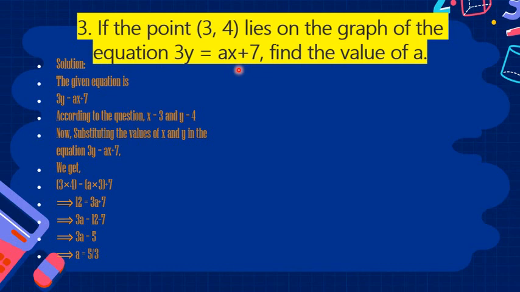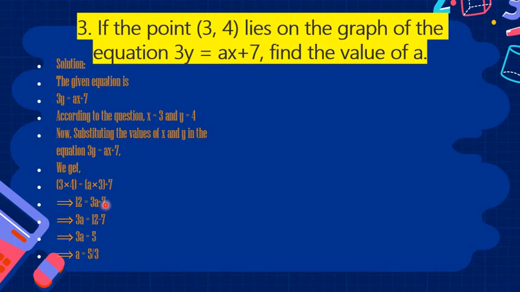After taking the value of x equal to 3 and y equal to 4, we will get like this. 3 into 4 is 12, plus 7, and when we multiply 3 into 4 it is 12. Don't transfer yet.